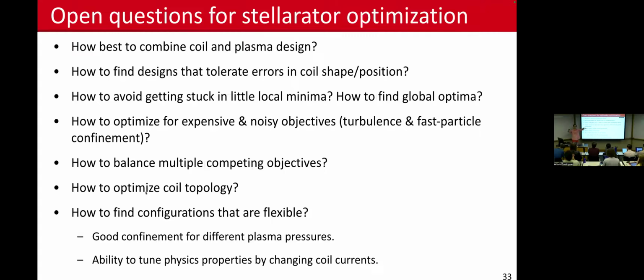It's very hard to deal with that with traditional local algorithms. And yeah, how to balance multiple competing objectives, how to optimize some of these parameters that typically we fix right now, like the coil topology, the number of coils, the field period. There's certain integers that we just fix and don't let vary right now.